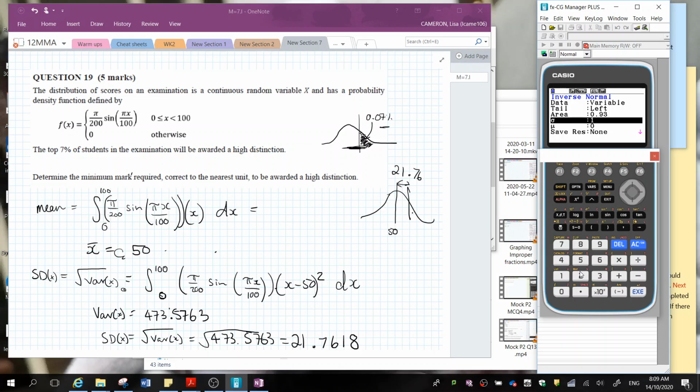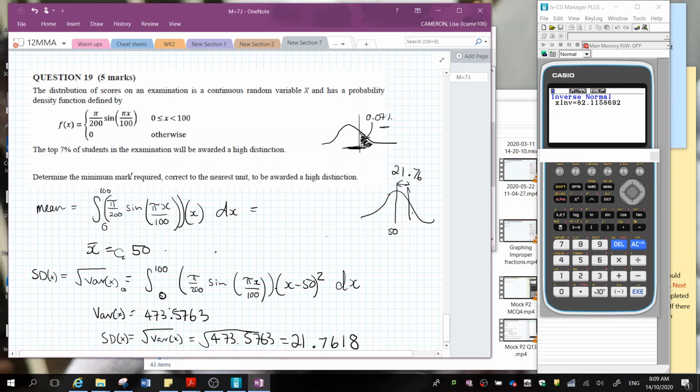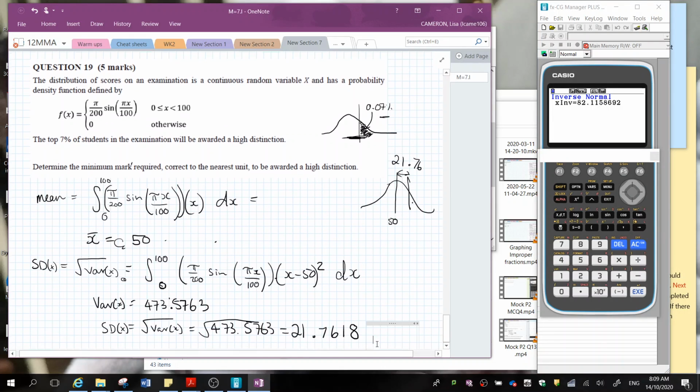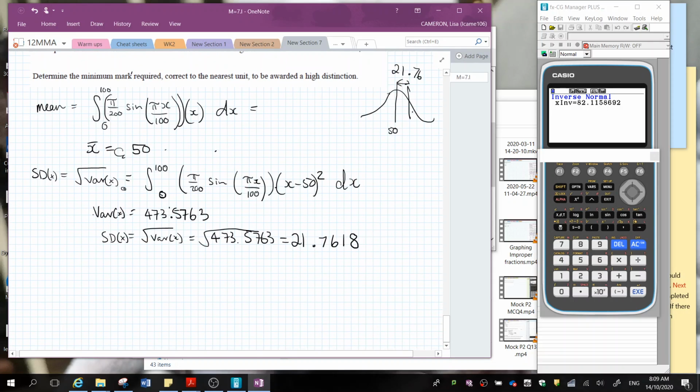Okay, standard deviation was 21.7618. Execute, our mean was 50. Execute. Okay, so that gives me that the score is equal to 82.1159.